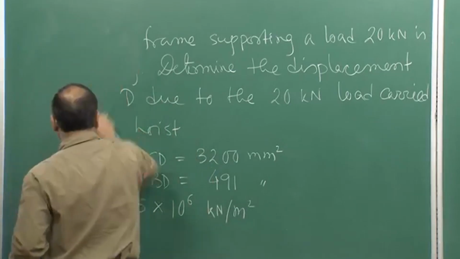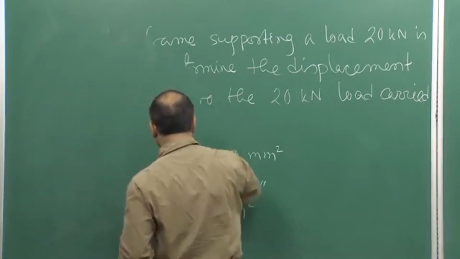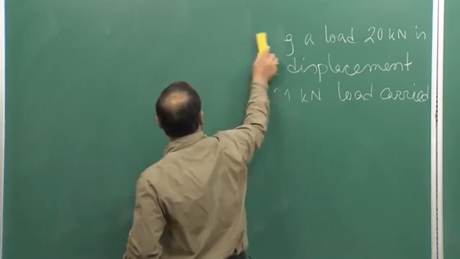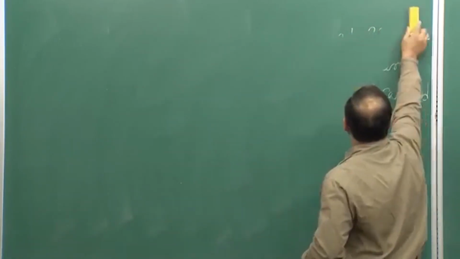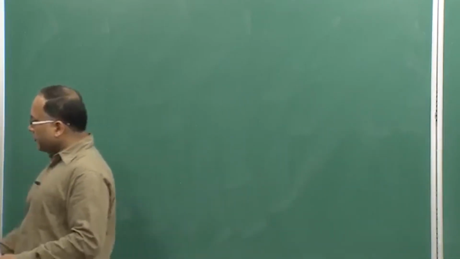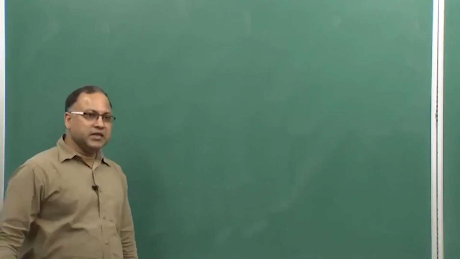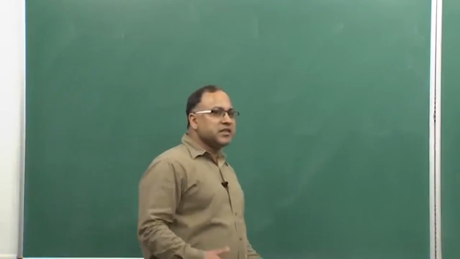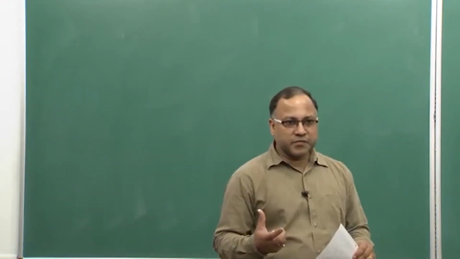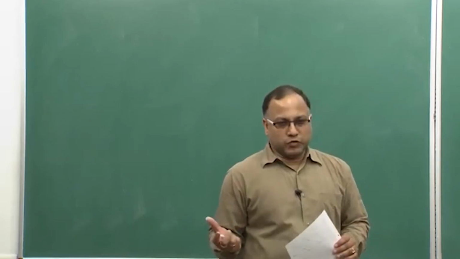Anyway, now what we are going to do is find out the support reactions, because without knowing the support reactions you cannot proceed. That is why the free body diagram has been drawn. Once you know the support reactions, then you can consider different joints and find out the member forces.